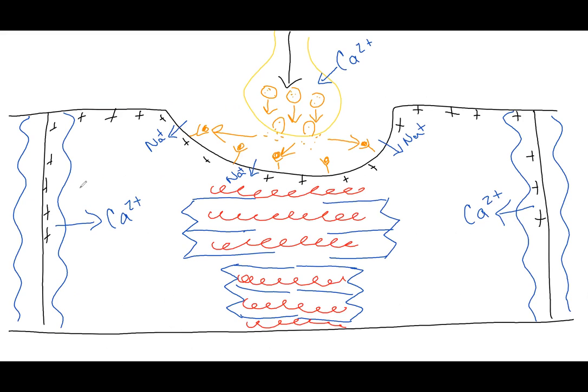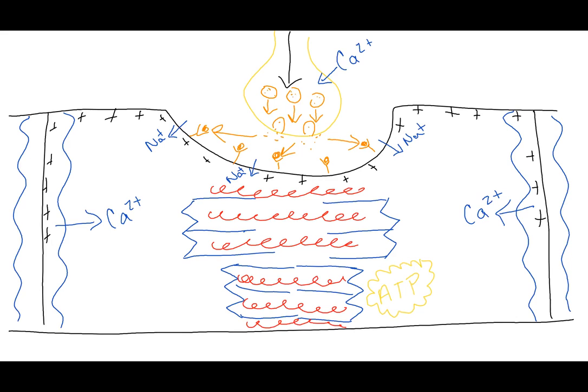I haven't really mentioned ATP. I haven't written it down anywhere on here, but we know that muscle contractions use a lot of ATP. Where that ATP is used is in shortening the sarcomere. We are going to burn through a ton of ATP in getting a muscle contraction.